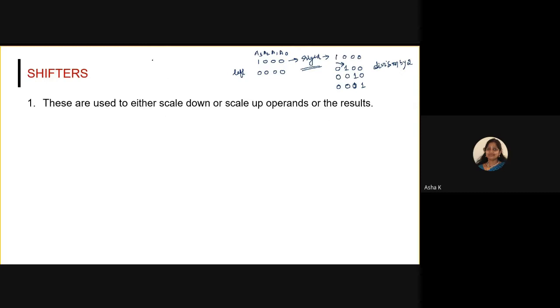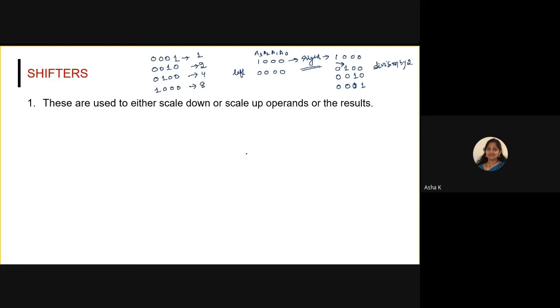Similarly, if I consider an example of 0001 and perform the left shift operation, in the first step I am going to get 0010. The magnitude of this is 1, the magnitude of this is 2, and if I shift once again, I get 0100, the magnitude is 4. If I shift once again, I get 1000, the magnitude is 8.